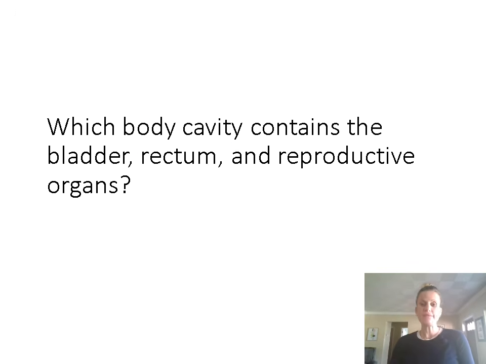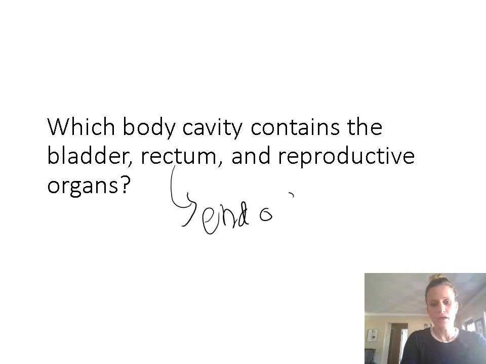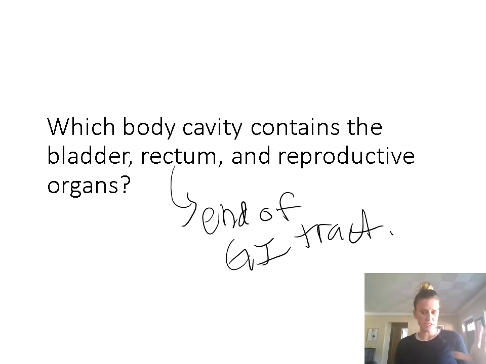Which body cavity contains the bladder, the rectum, and the reproductive organs? The bladder is pretty low down in the abdominopelvic area. The rectum is the very end of the GI tract, so that's literally where feces goes before it leaves the body.